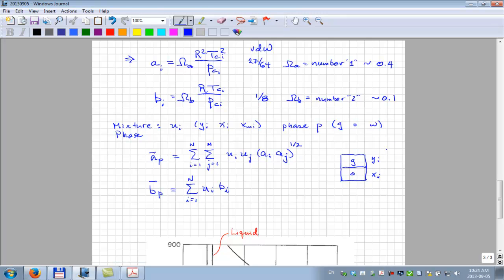So you'll have an average A for the vapor phase, and an average B for the gas phase. And here you'll have an average A for the oil phase and an average B for the oil phase. And you apply the equation to each phase, in a sense, separately.